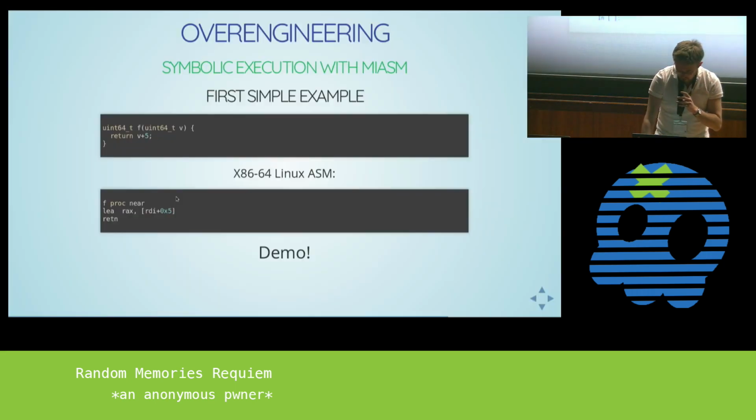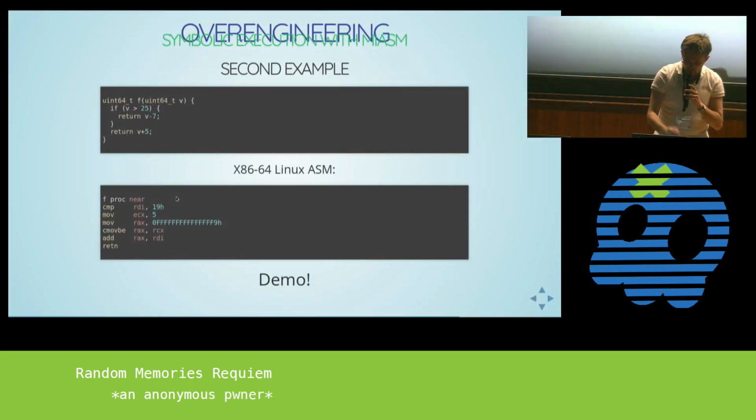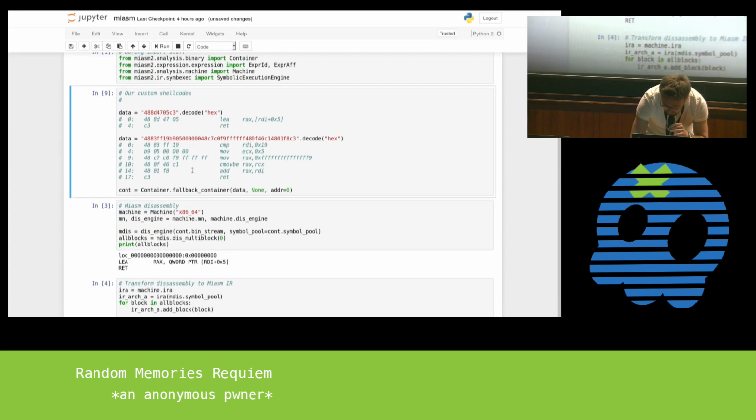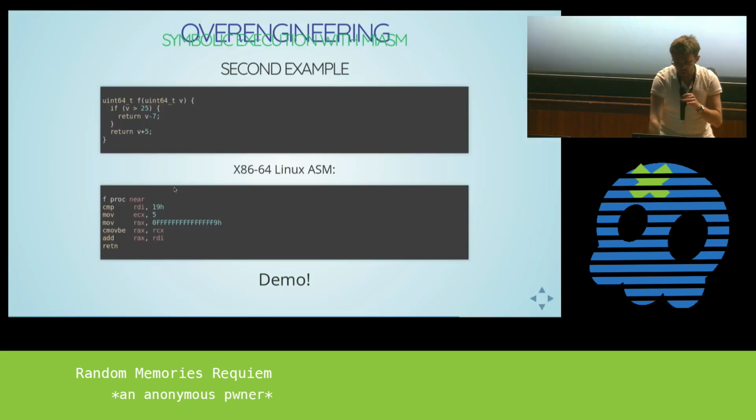Now let's see how we can make this symbolic execution work with branches, with a second, more complicated example. If we compile this with Clang or GCC, it will optimize this with a cmove because maybe it's better anyway.